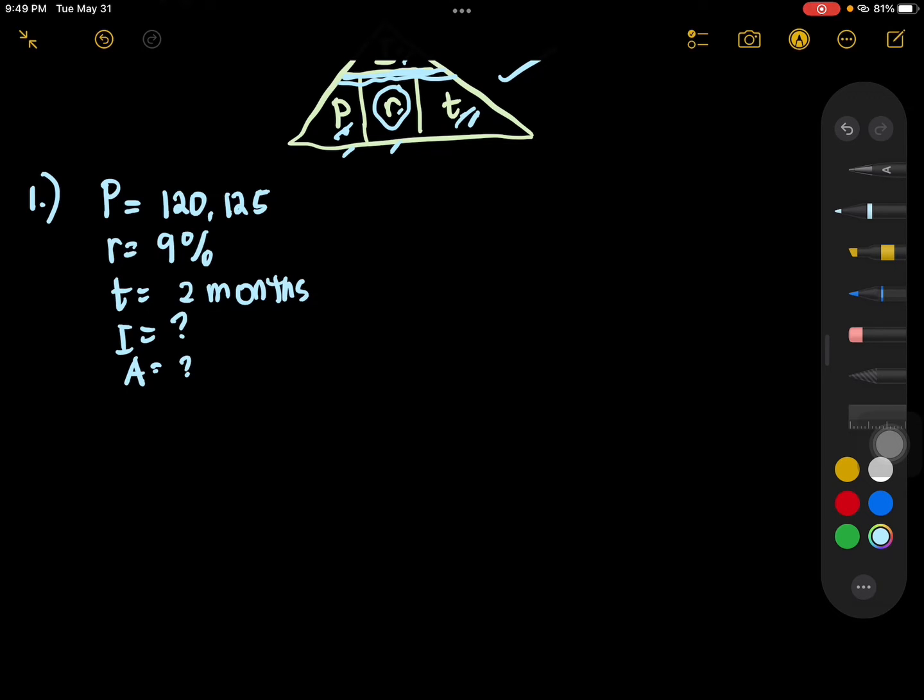So, first thing to do is find the interest. And we know that the formula is PRT. So we will substitute. The principal is 120,125. The rate is 9% or 0.09. And you have the time 2 months.